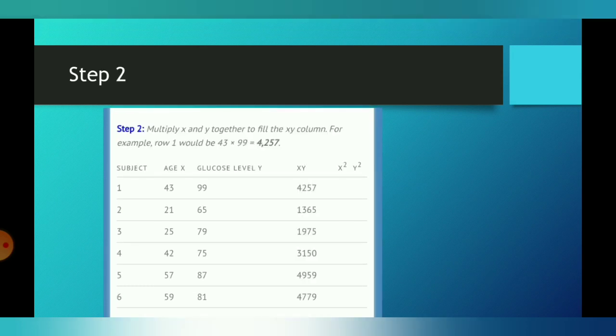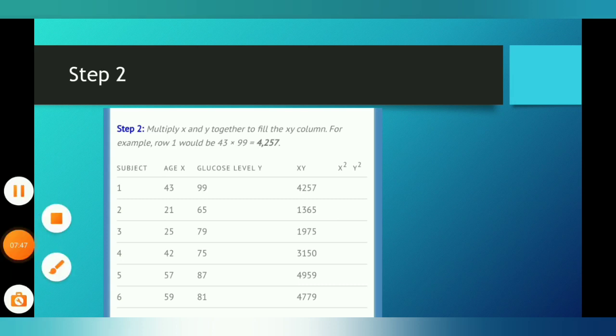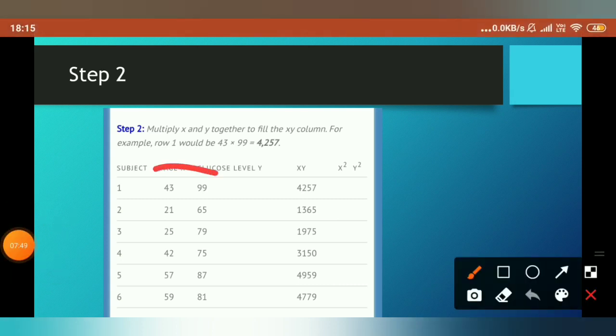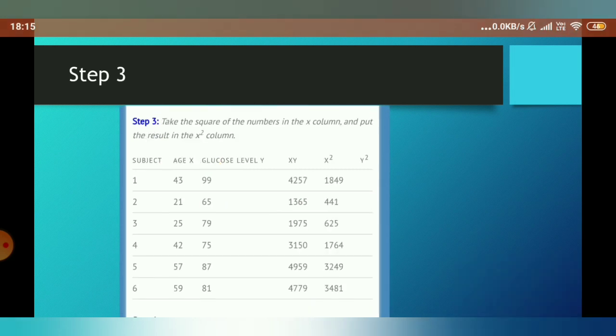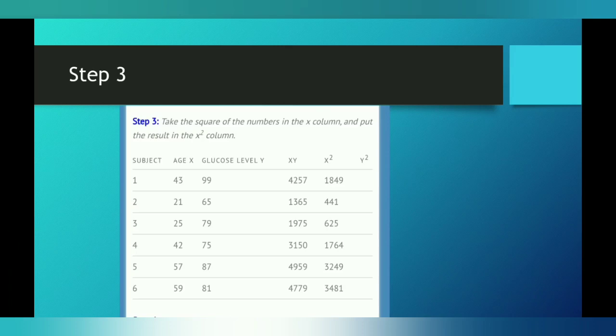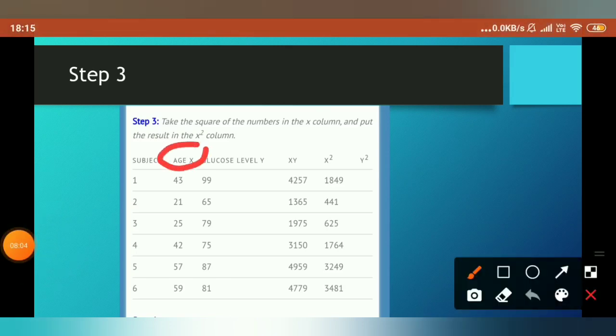In the next slide, the xy column has been calculated. To calculate xy, you take the first x and y values, multiply them, and you get this, then do the same for the other values, and we write all the values here. In the next step we calculate x square by squaring the values of x.